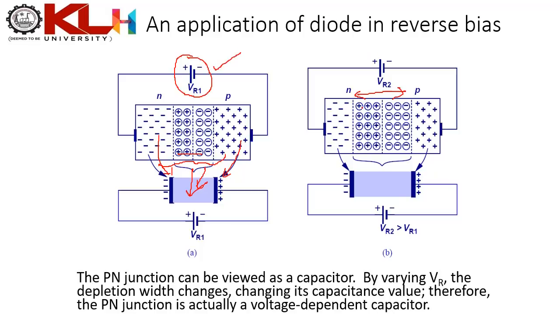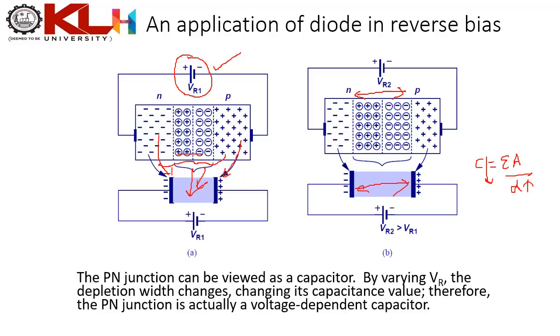When I increase the reverse voltage, of course the depletion region width increases, so the distance between the two parallel plates increases. We know that C is equal to epsilon A by d, so when the distance increases, of course the capacitance decreases. This is one of the applications of diodes in reverse bias.